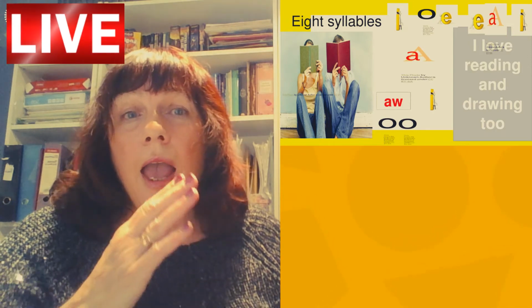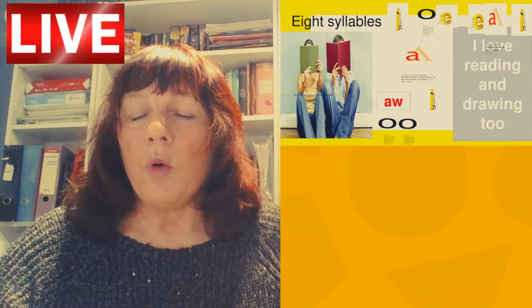So if that's 8 syllables, the ones that we haven't seen before are AW. That's interesting, isn't it? Just like we said Y acts as a semivowel, the W is working together with the A to make a sound. So this becomes our vowel sound. So that W is working really hard as well, isn't it? Because as a consonant, the W makes a W sound.